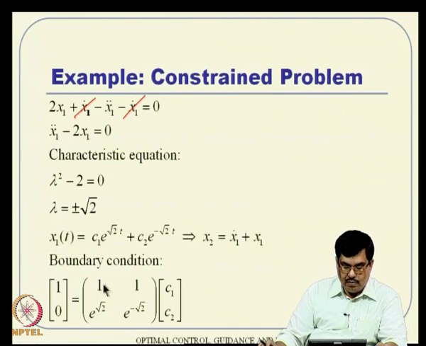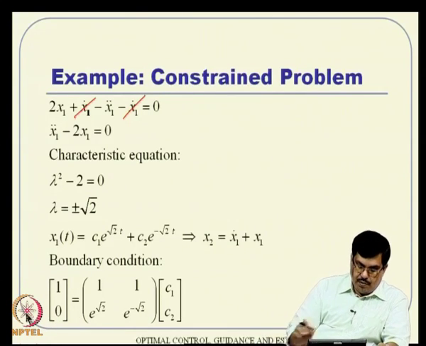I am putting that here. The second one is at t equal to 1, when the coefficients become e to the power root 2 and e to the power minus root 2, and that value will become 0.